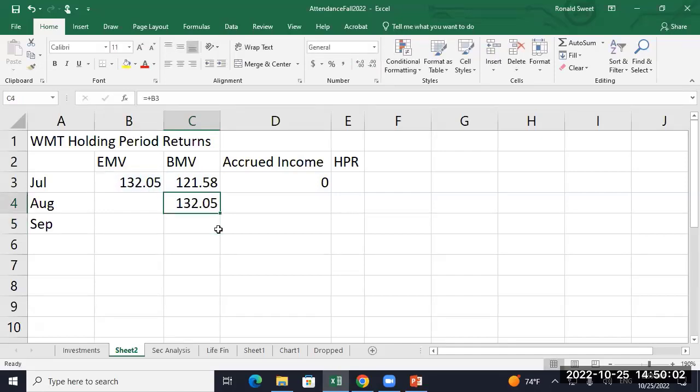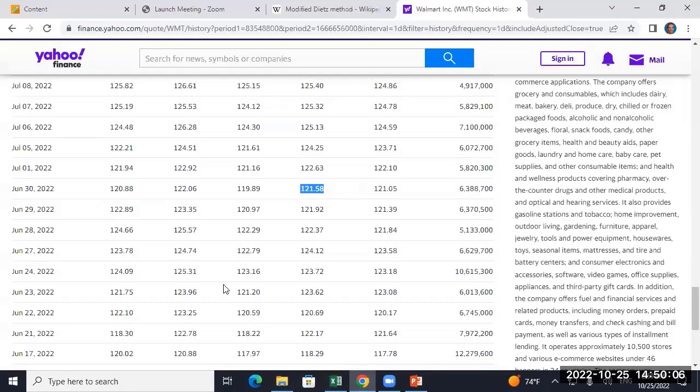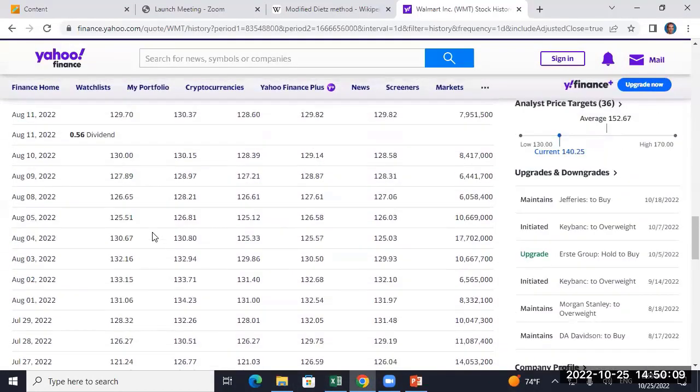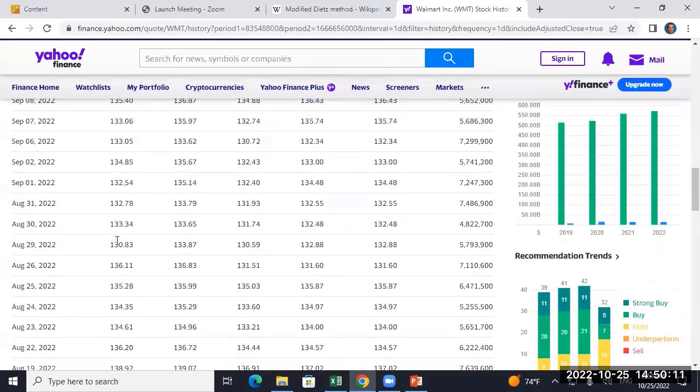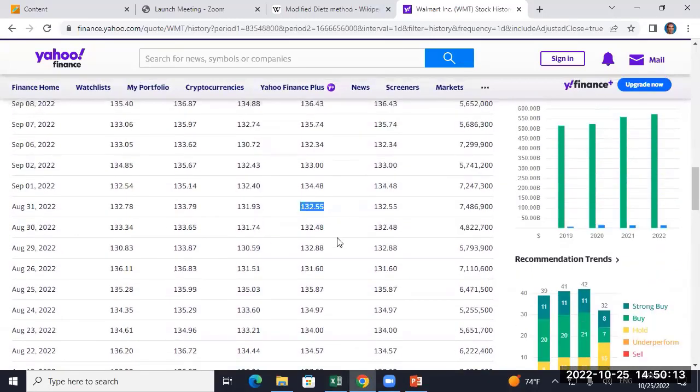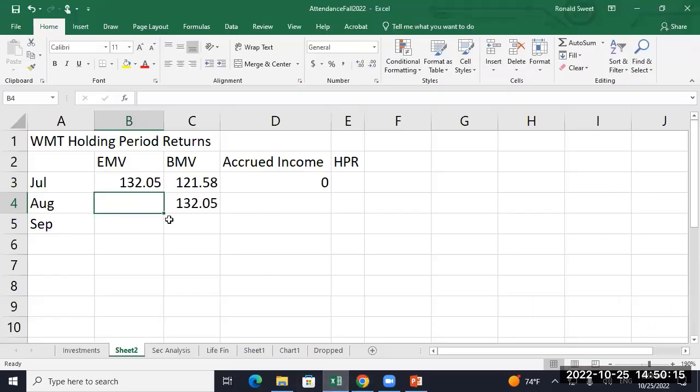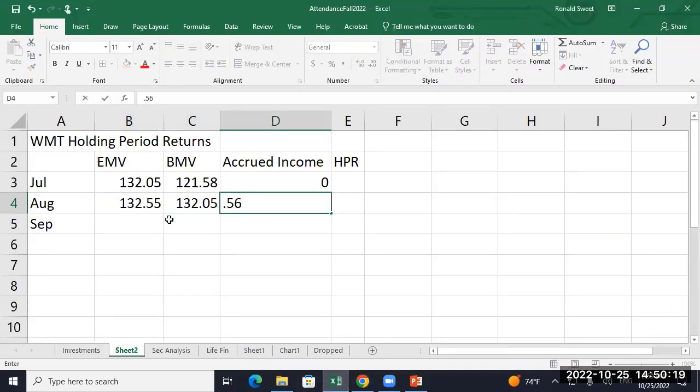Otherwise, we're going to be missing some returns. And so the August ending value, August 31st, 132.55. Doesn't look like they had a very spectacular month, but they did pay a 56 cent, or they didn't pay, they went X 56 cents. All right, so that's going to help.